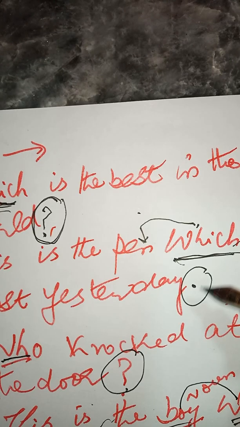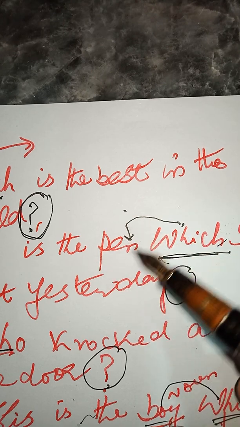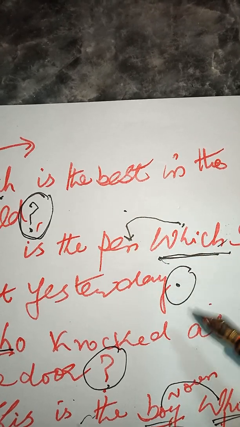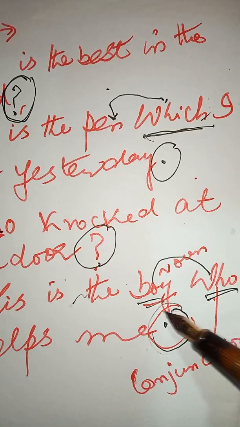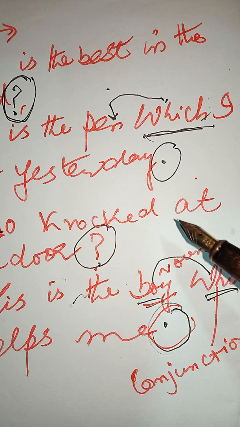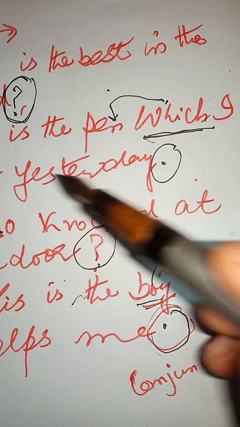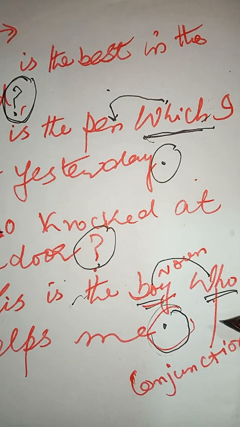But instead of asking a question, if it shows its relation to some noun, it is used as a conjunction, and then it will be a relative pronoun. So the students will be able to know what an interrogative pronoun is and what a relative pronoun is.